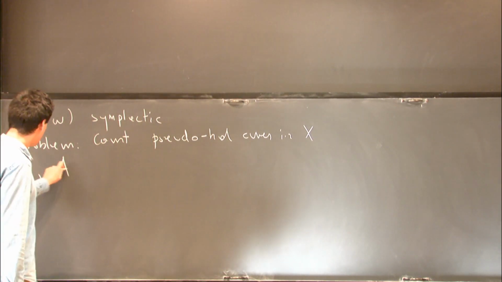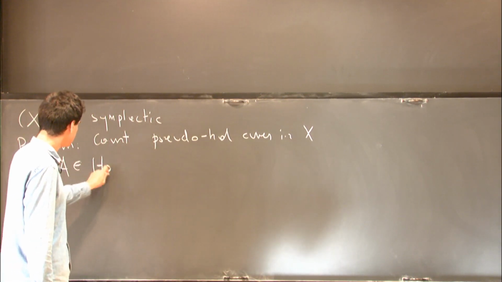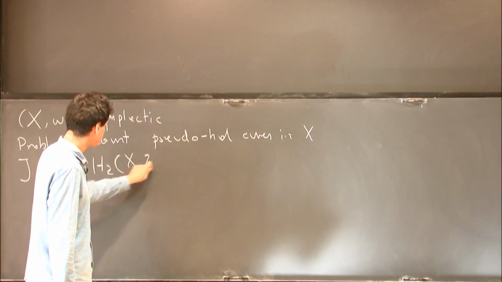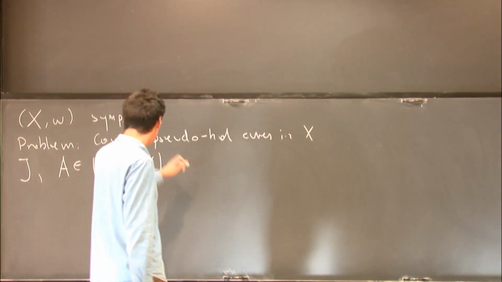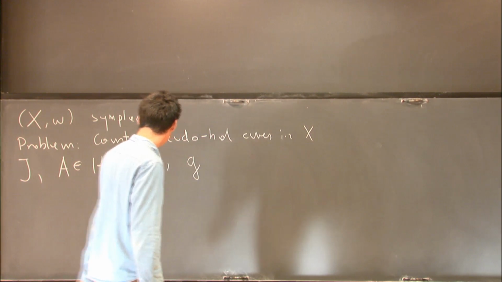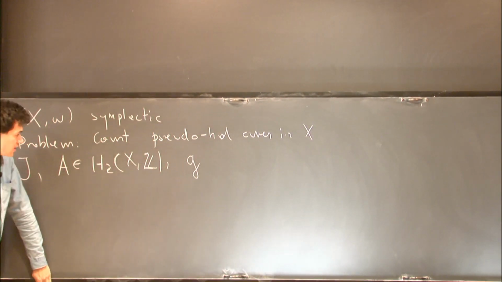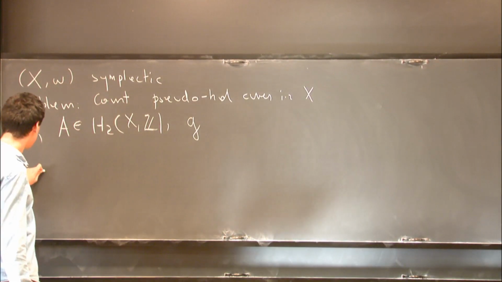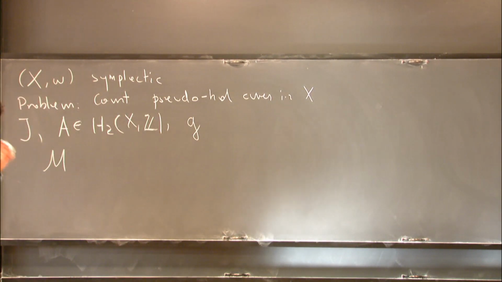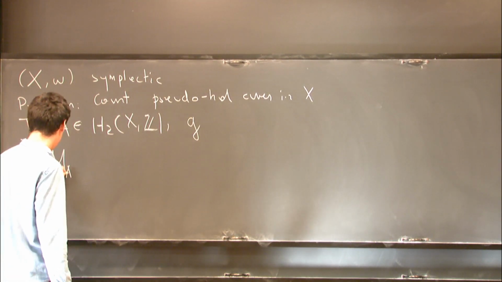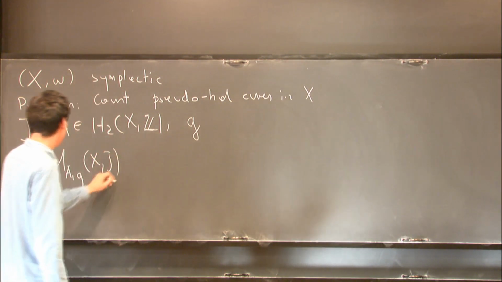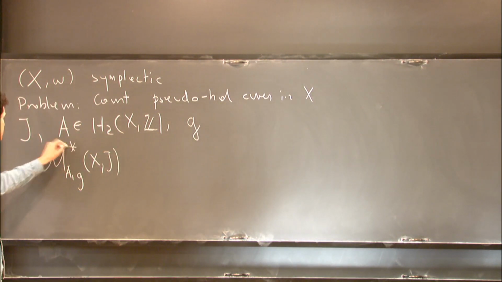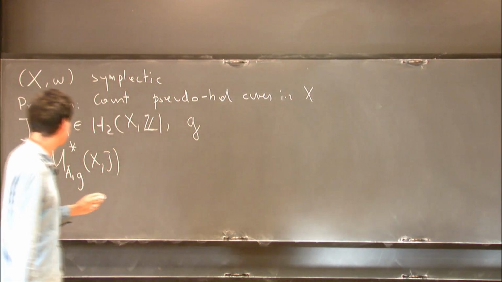Let's say we choose a homology class A in X, and we may or may not fix the genus and consider the moduli space. So typically, this is denoted by M, say A, g, X, J. And I will put a little star here to be consistent with the standard symplectic notation.